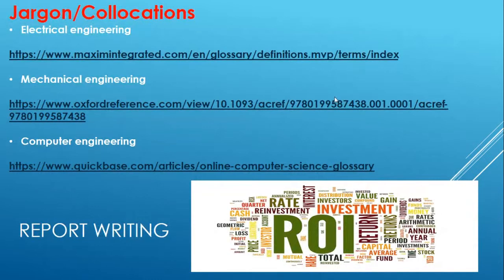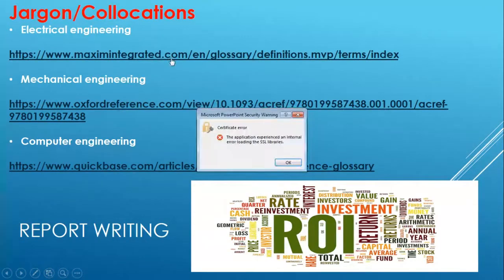Jargon and collocations. Jargon is technical language. Here I have websites for mechanical engineering and computer engineering. You can look through them, and they have a series of vocabulary words. Let me see if this opens up.